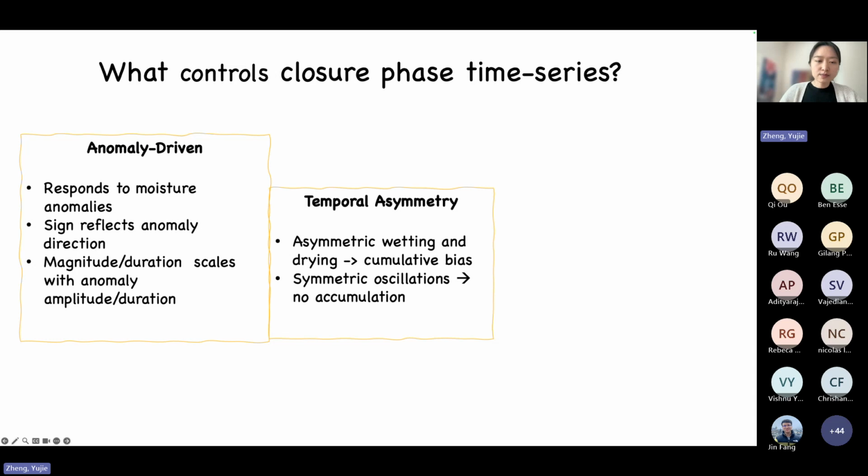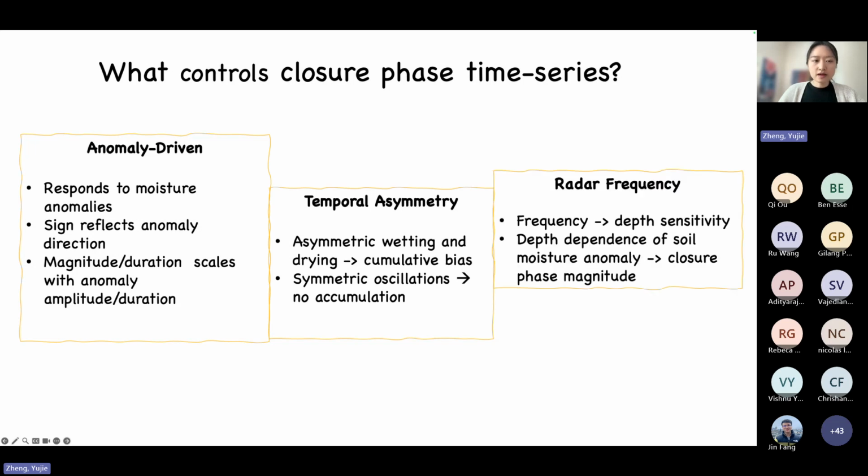We also find that temporal asymmetry is a requirement for having cumulative closure phase. If you have symmetric oscillations, we don't really observe cumulative results. And very importantly, we find that radar frequency has different depth sensitivities. When we use longer wavelength radar to get the sensitivity to soil moisture, it is really important to take into account the depth variation of soil moisture.